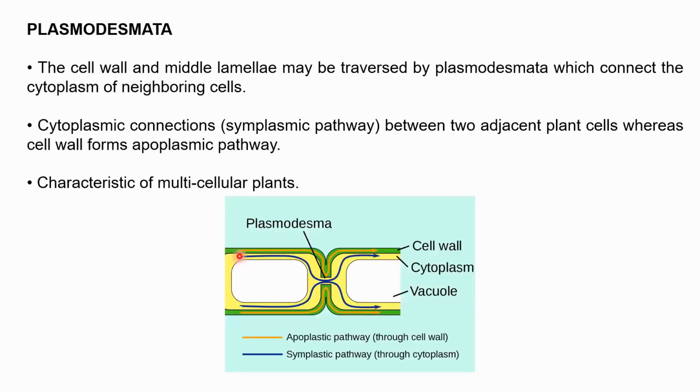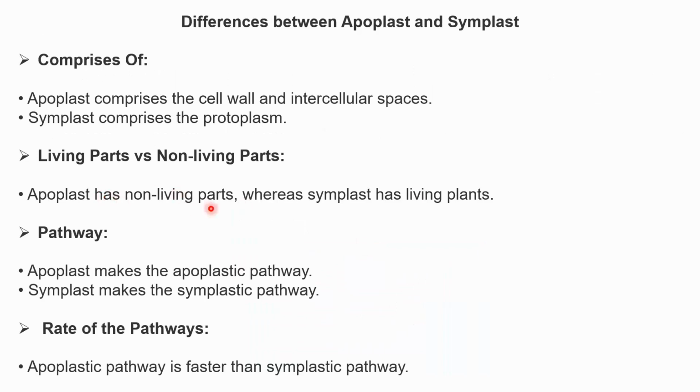The apoplastic pathway runs mainly through the cell wall, and we know that the cell wall is a non-living structure. So we say that the apoplast has non-living parts, whereas the symplast has living parts, which is the cytoplasm. Also, apoplastic pathway means movement from above the plasma membrane, that is, through the cell wall. So the apoplast makes the apoplastic pathway, and the symplast makes the pathway through the cytoplasm, that is the symplastic pathway.